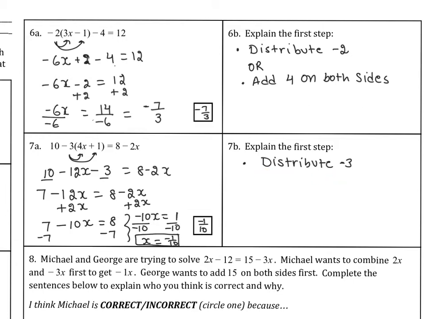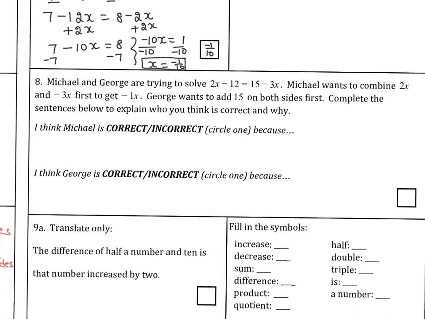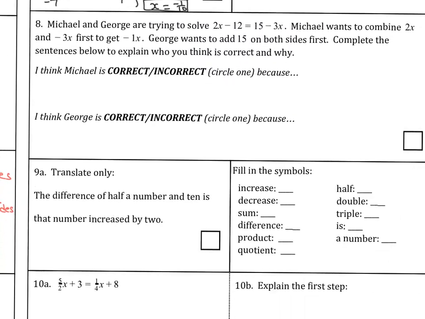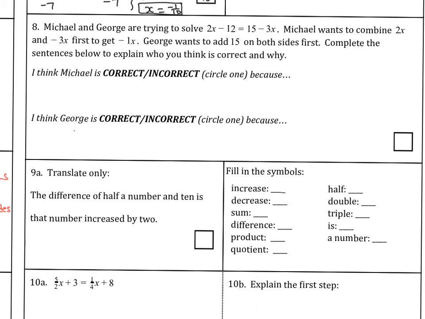Let's just do numbers 8, 9, and 10 on the bottom. Number 8. Michelle and George are trying to solve 2x minus 12 equals 15 minus 3x. Michelle wants to combine 2x and negative 3x first to get negative 1x. George wants to add 15 on both sides first. Complete the sentence below to explain who you think is correct and why.